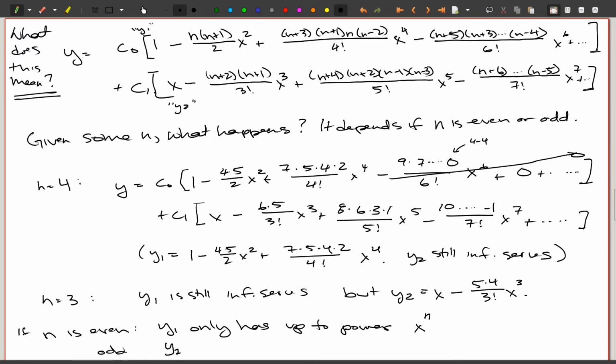And then if n is odd, like we had when n equals 3, then y1 is fine, but y2 only has up to power x to the 3, and so again, it's going to be up to x to the n. And so that's worth noting.